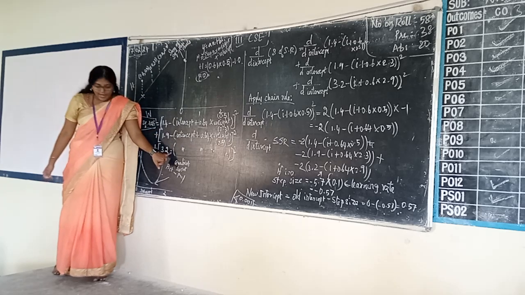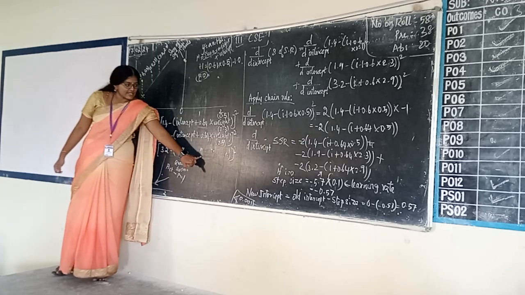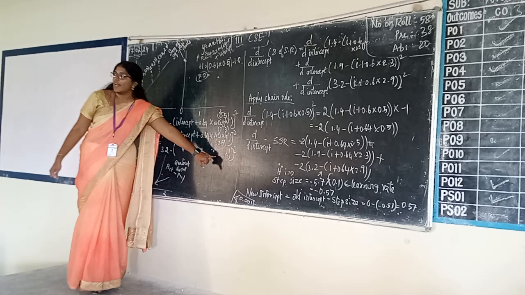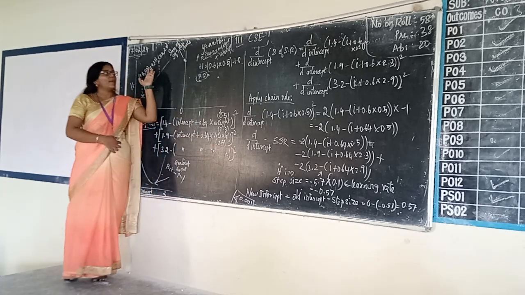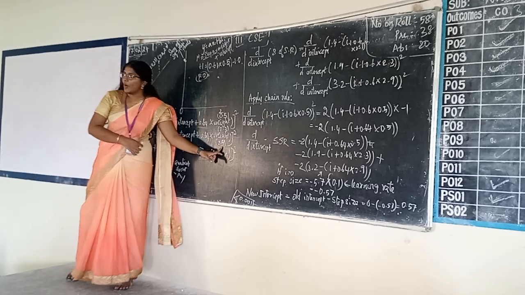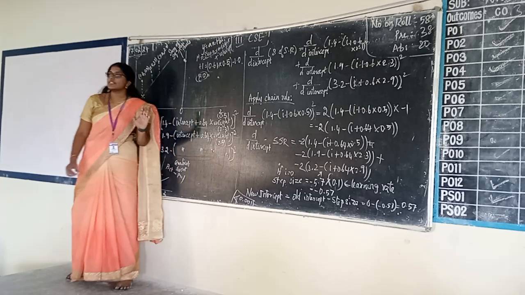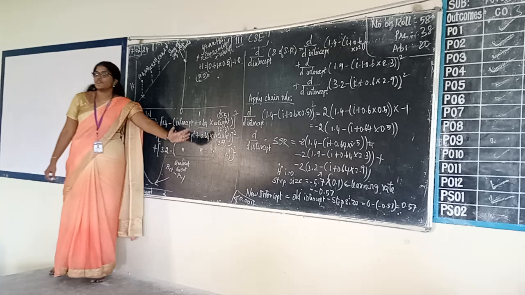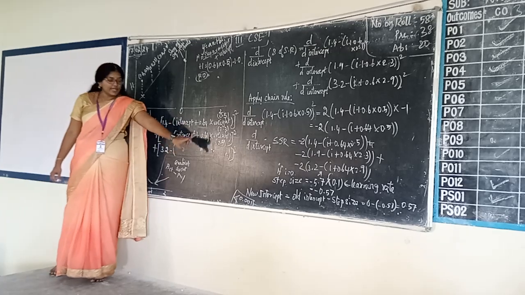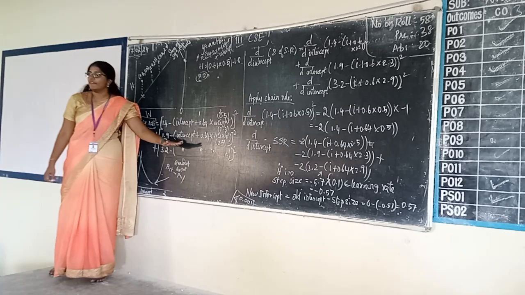So 3.2 minus intercept plus slope value 0.64 into the weight value for the third data point, which is 2.9, whole square. You are just applying the actual height value, the actual weight value and the slope value. Got it? This is the first step.